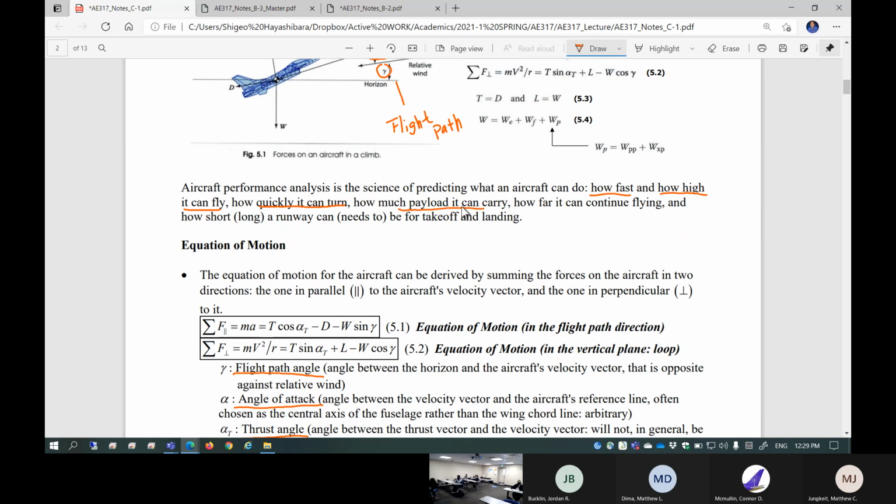You probably don't care about any others, just the payload. If I can turn, I'm okay. But if the turn radius is 1 kilometer, you can never come back to your original point. So you really need to think about those things too. But how far it can continue flying, this range, right? Yeah, okay. And how short or long a runway can be or needs to be for takeoff and landing, and also how long you can stay up in the air.